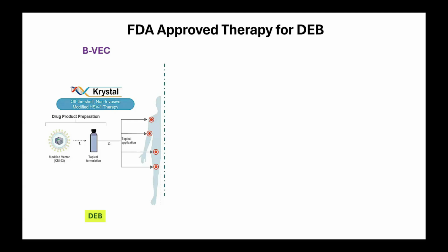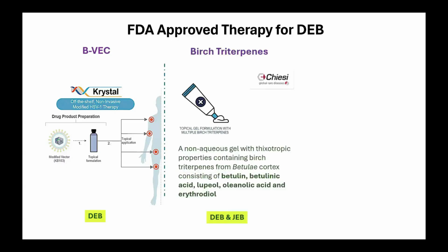This was approved in May 2023, followed by another therapy from Chiesi using a topical formulation of Birch Triterpenes in sunflower seed oil to help improve wound healing, reduce skin inflammation, and reduce pain and itch.